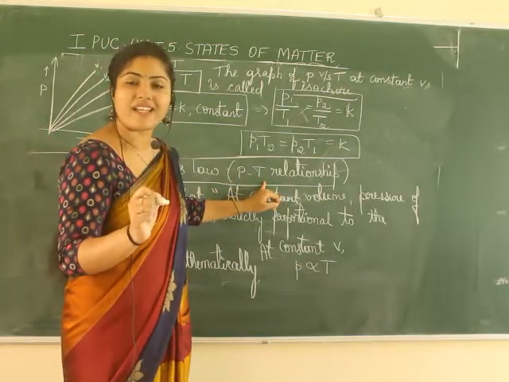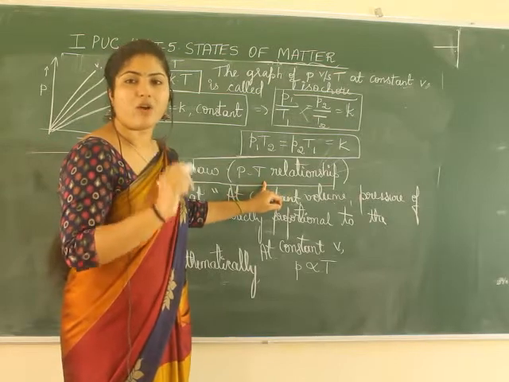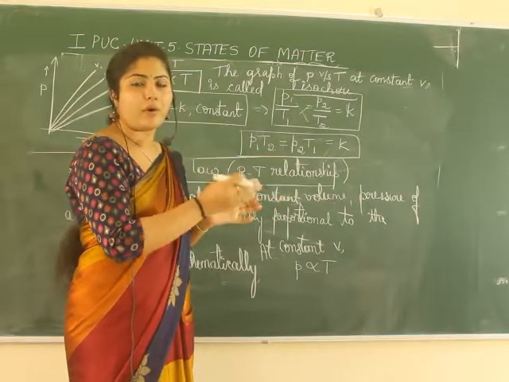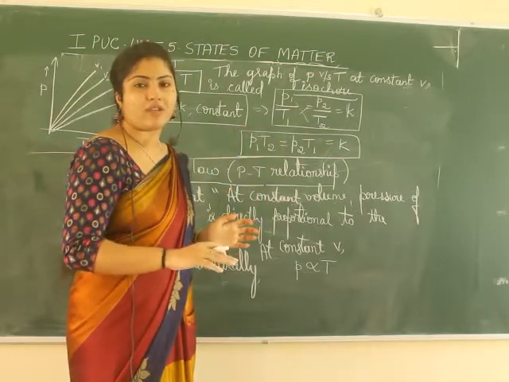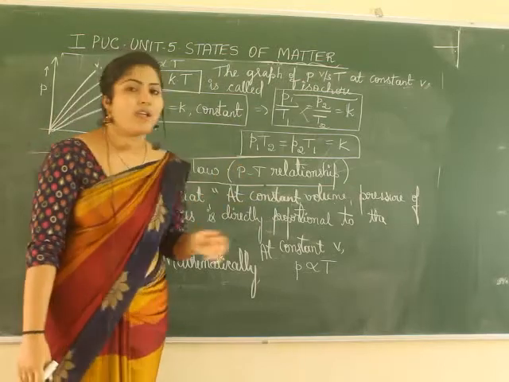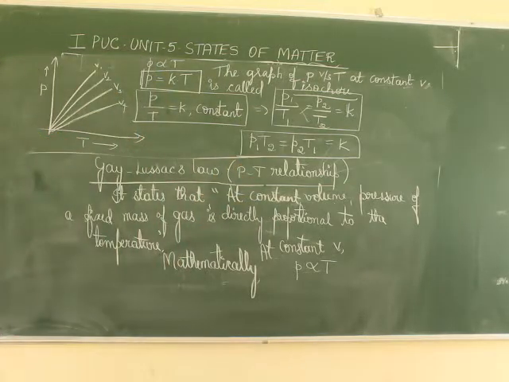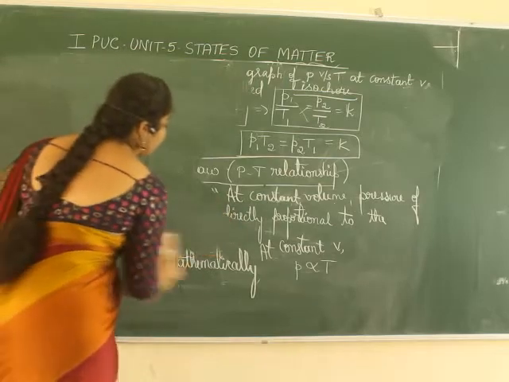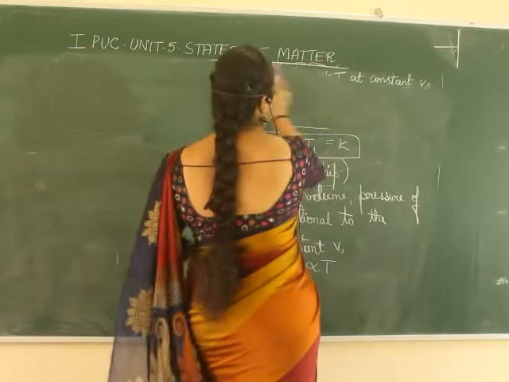But what is the condition? Volume must be constant. If you have taken one particular volume at the initial point, the same volume you will have to consider throughout the reaction. The volume should not change. That is Gay-Lussac's law, which is also called the pressure temperature relationship. Next we will see other laws.